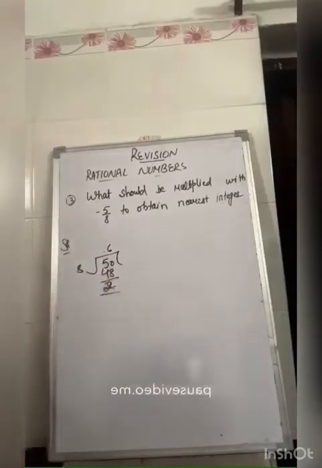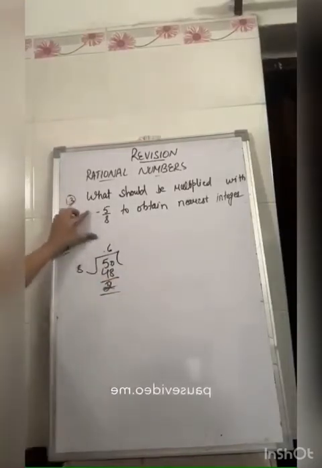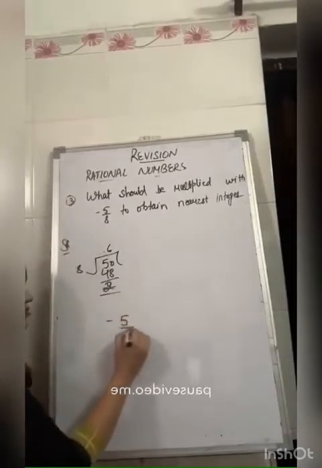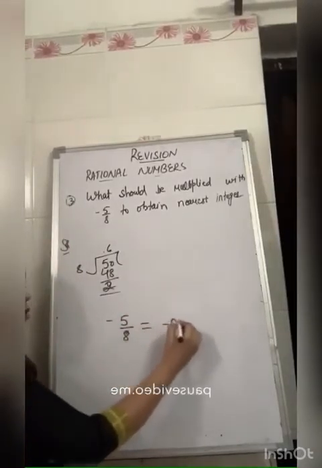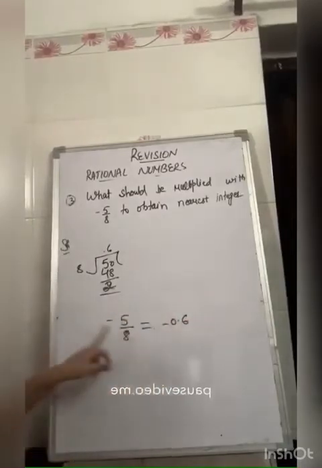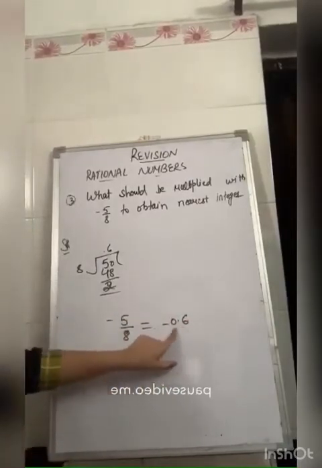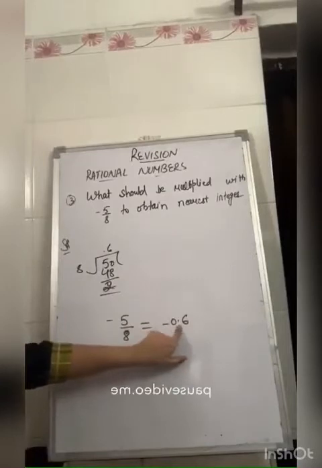So minus 5 by 8 is approximately equal to minus 0.6. Again, the same as we got in the last question.